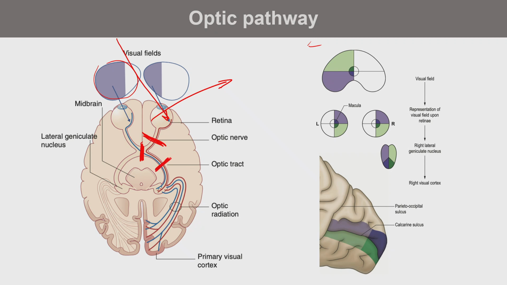Then what we have is something from the optic tract to the cortical visual field. So then we have complete loss of the left or right visual field. According to those clinical symptoms, you can distinguish from a clinical point of view where the lesion is localized.